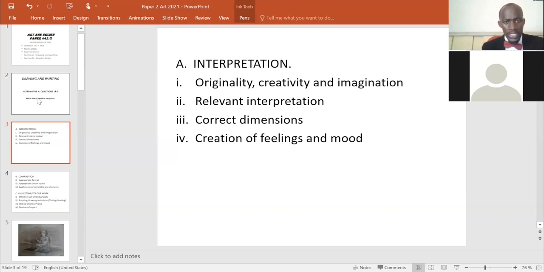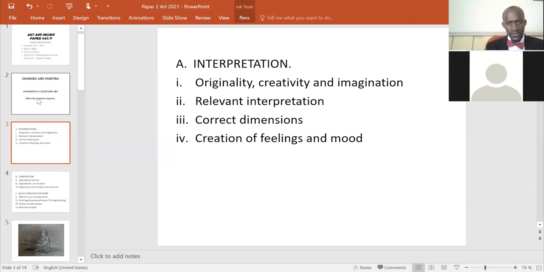The other bit of interpretation the candidate should pay attention to is the bit of originality. My point number 1 under interpretation: originality, creativity, and imagination. How original is a candidate's work?